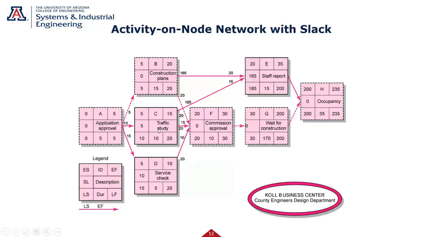And so I still maybe want to watch C because it's only 5 days. This has 10 days and 165. They're probably not as critical. So I might want to be paying attention to C also because it doesn't have as much slack. So you can get the second critical path and the third critical path, and you now know which paths you need to watch.